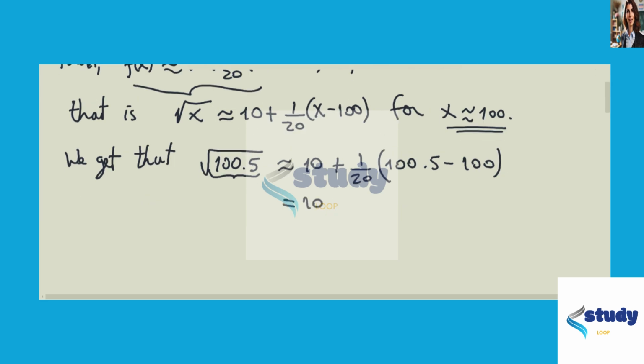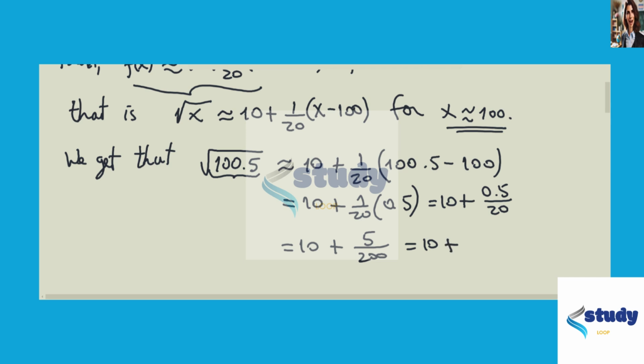And we do this calculation here: 10 plus 1 over 20 times 0.5. That's the same as 10 plus 0.5 over 20. That's equal to 10 plus 0.5 is 5 over 10, so it's 5 over 200.